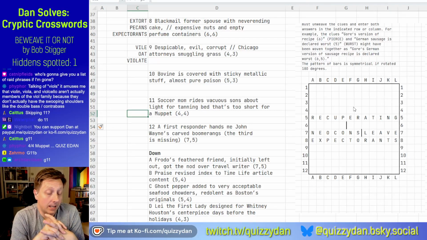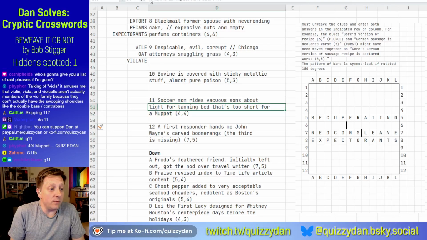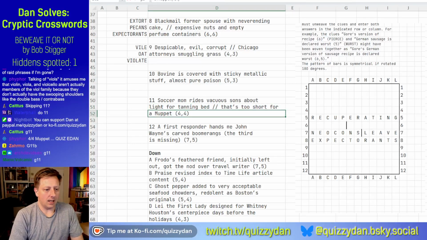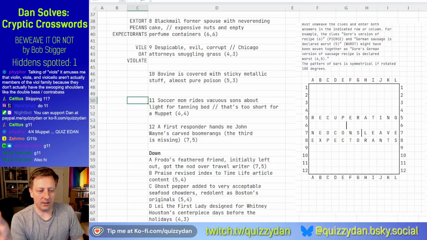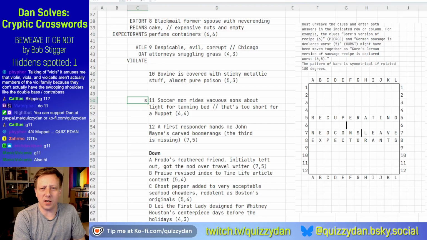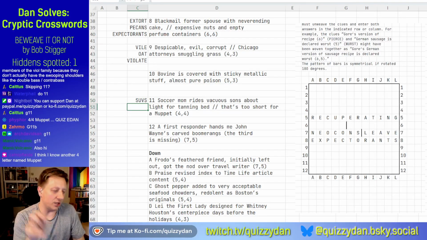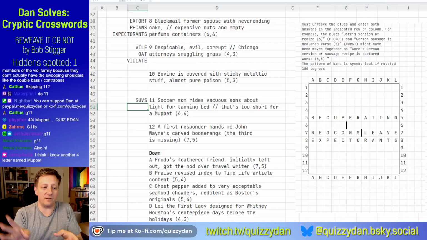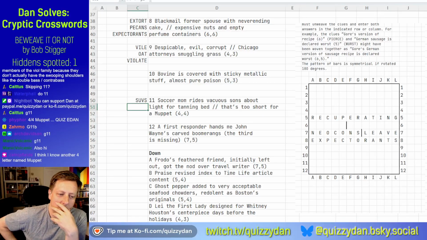Or it could be about light LT, it could be nowhere near, of course. Light for tanning bed, UV. Oh, it's SUVs. Okay. Soccer mom rides. That's your definition. You know, the big hulking SUVs. Chelsea tractors is another term for them in the UK. Vacuous sons, just the S and the S, and it's about the light for the tanning bed. UV. So there we go.